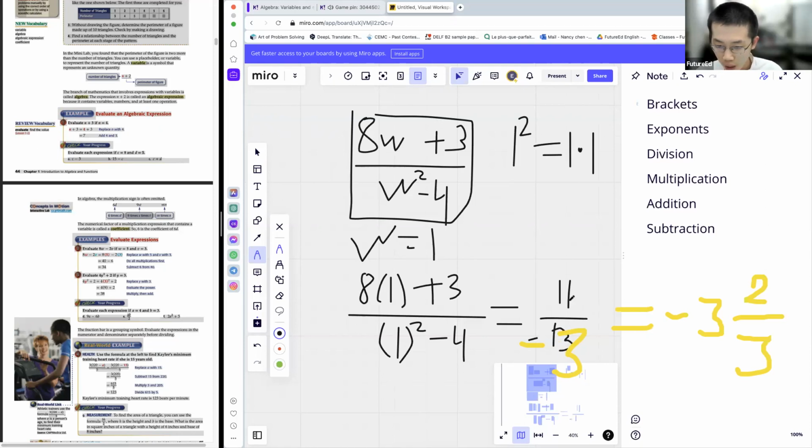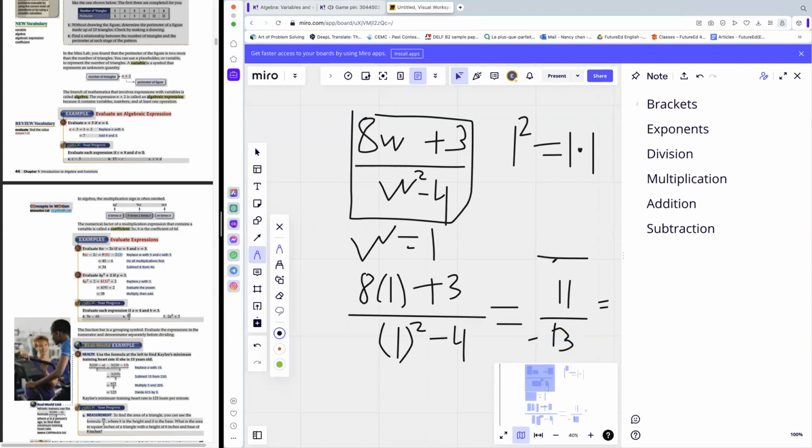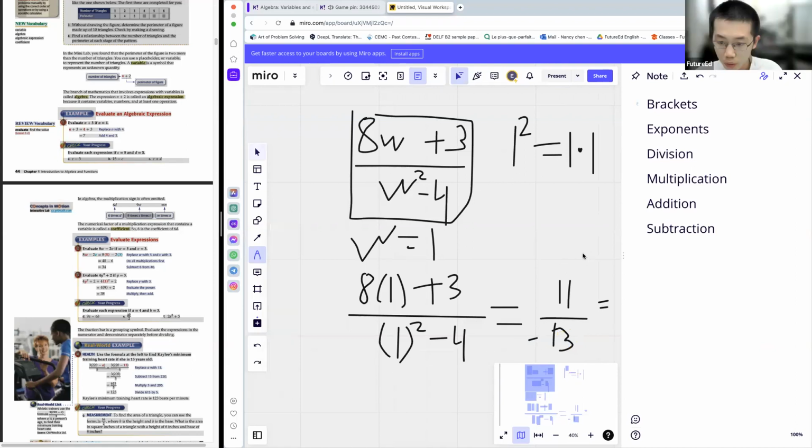And then we have 11 divided by negative 3. Can someone convert this into a mixed fraction, please? Jason, would you like to convert this into a mixed fraction? Okay, maybe let's make this a little bit easier.